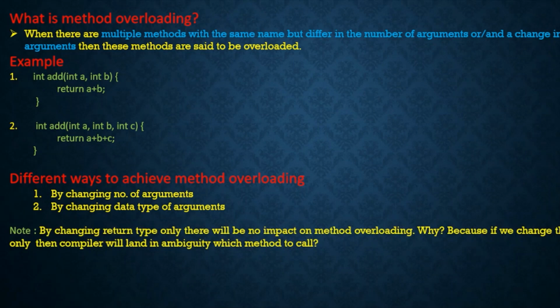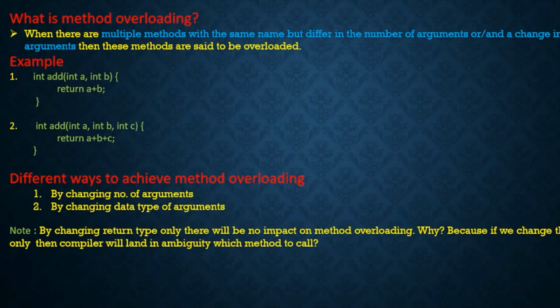Okay, and one more important thing is, if we change the return type of this overloaded method. For example, consider the same method I have written in example 1, and the only change is the return type. If I change the return type, then the compiler will immediately throw an error, saying these two methods are duplicate methods, right? So there will be no impact. Why?